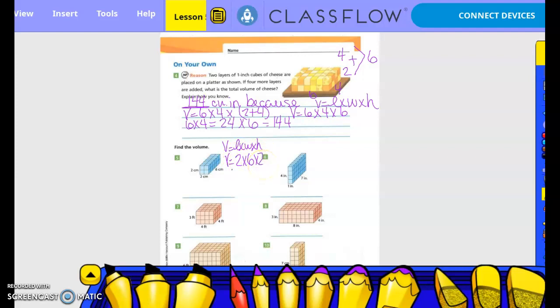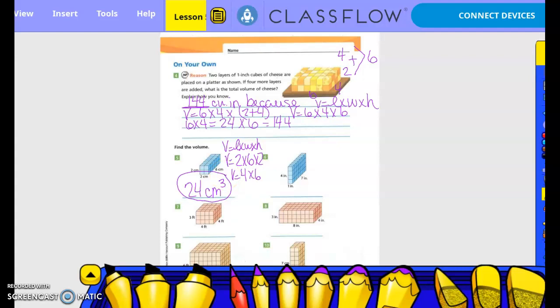Okay, volume equals, what's 2 times 6? Or can we put a couple numbers together to make it easier? Can we do the 2 and the 2? Yeah. So that would be 4, right? Times 6, which equals 24 centimeters cubed. Or I would take 24 cubic centimeters. Either way, right? Okay. All right.